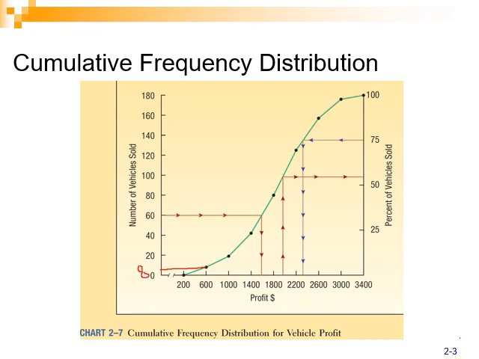Take care that we refer to the upper limit of the first class. The upper limit for the first class is 600, so we will put a dot here that represents the first class cumulative value at 600.